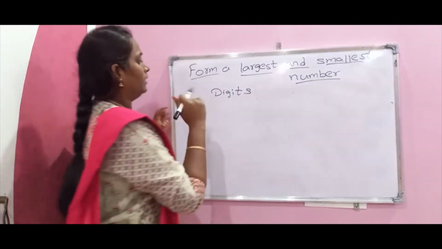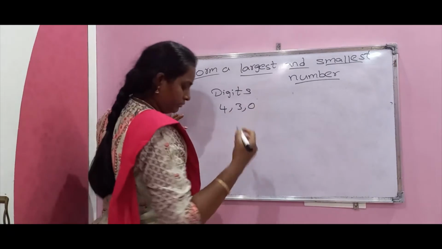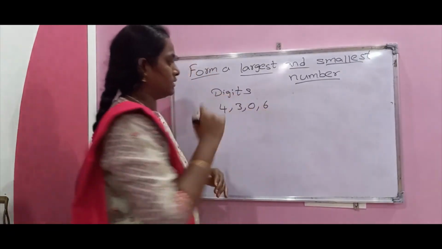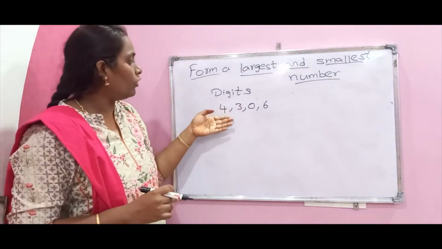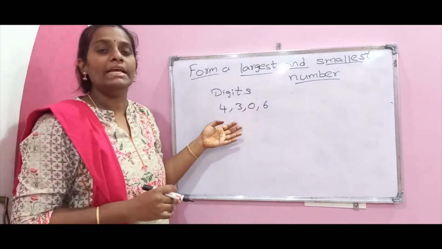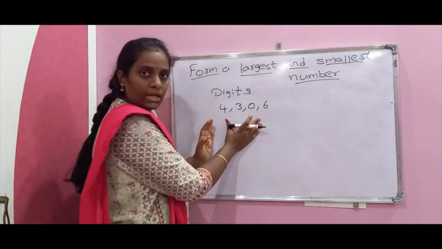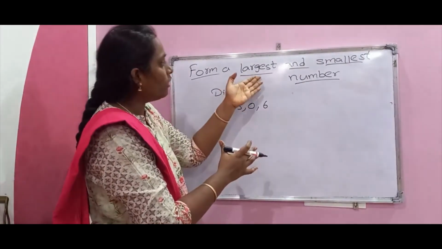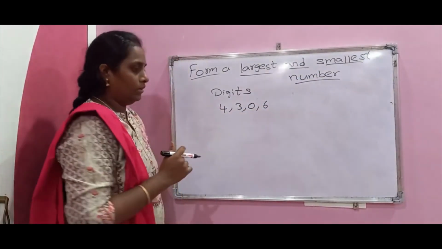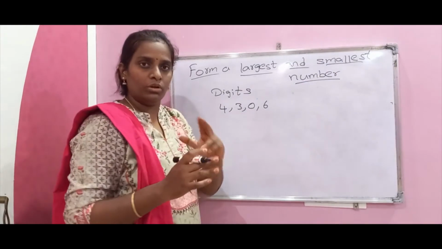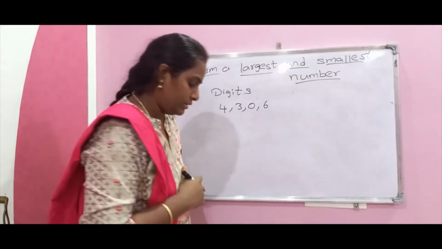Digits. They give 4, 3, 0, 6. These are digits, not numbers. 4, 3, 0, 6. These all are single-digit numbers. Using these digits, we have to form the largest and smallest number. Suppose we'll take the first 2 digits and form the largest and smallest number.